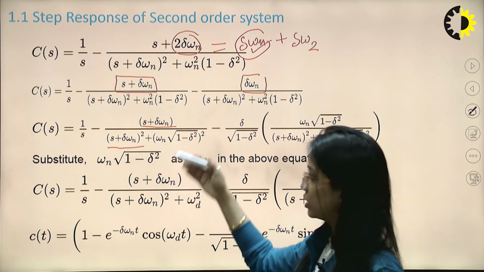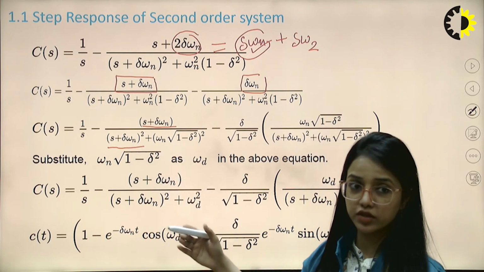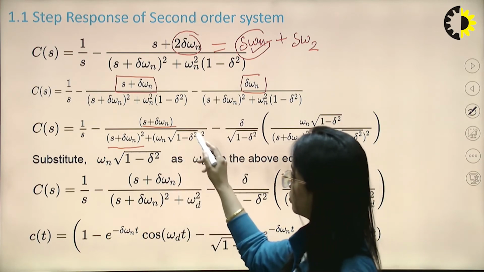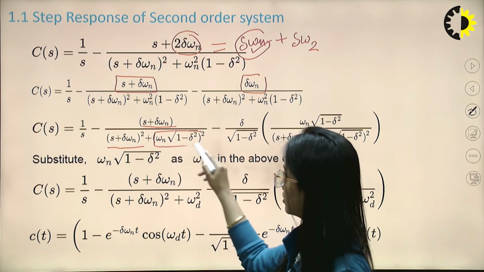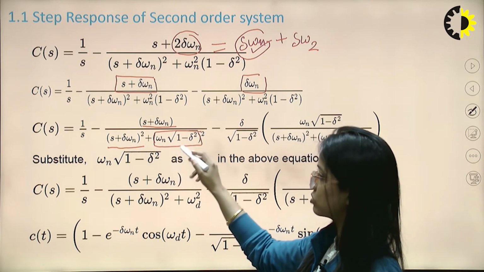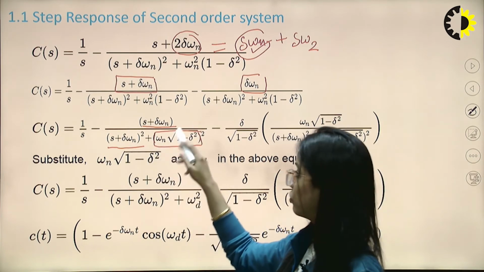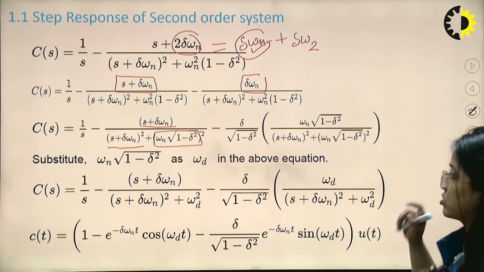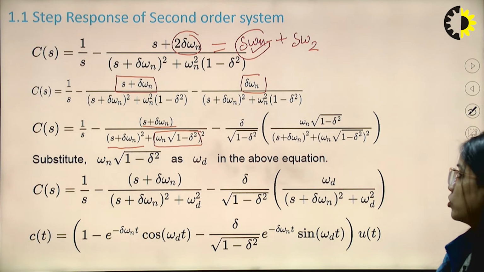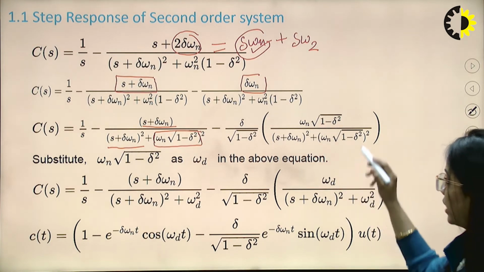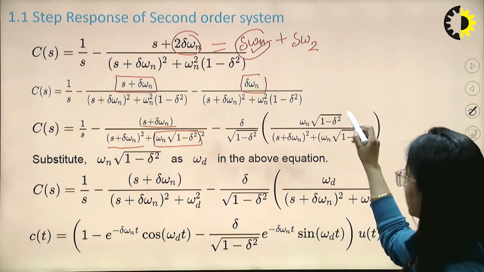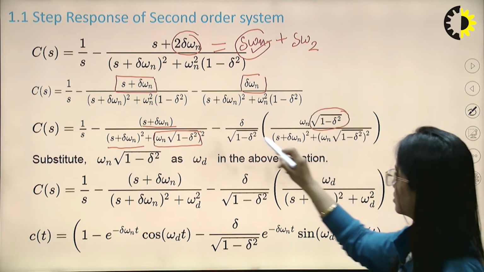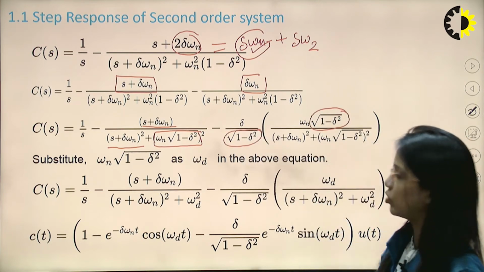To make it suitable for inverse Laplace, this term needs to come in square, so we are writing it as omega n root over 1 minus zeta square. Look at the second term. In the second term also, we are multiplying and dividing by root over 1 minus zeta square in numerator and denominator.